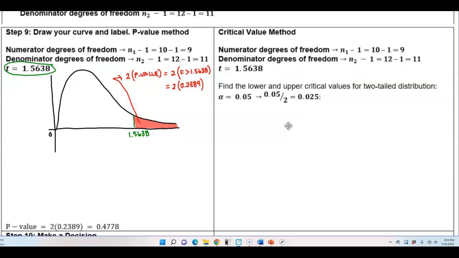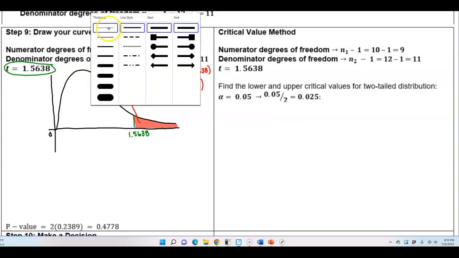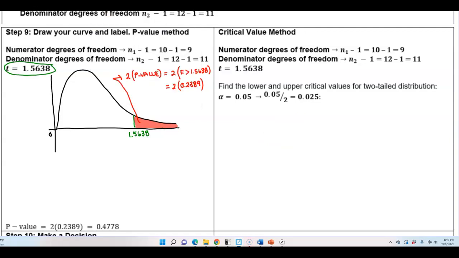So what we need to find is alpha. We know alpha is 0.05, and we need to take 0.05 and divide by 2. And that's going to equal 0.025. So basically what they're saying here is the following. We're going to have this distribution that's right-tailed.